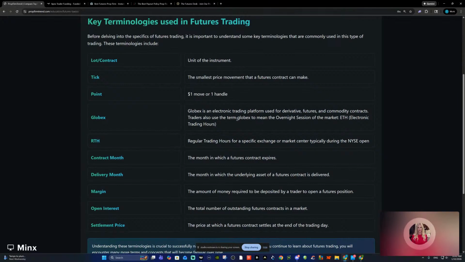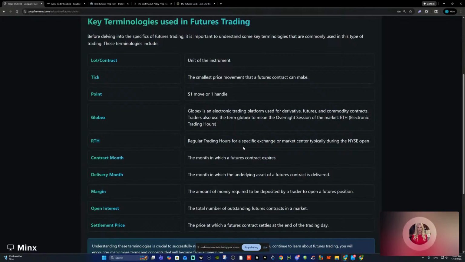Globex is an electronic trading platform used for derivative futures and commodity contracts. However, traders also use the term Globex to mean the overnight session of the market, so electronic trading hours. So if somebody's trading at like 8 p.m. at night during the Asia session, they'll say, I'm trading Globex.